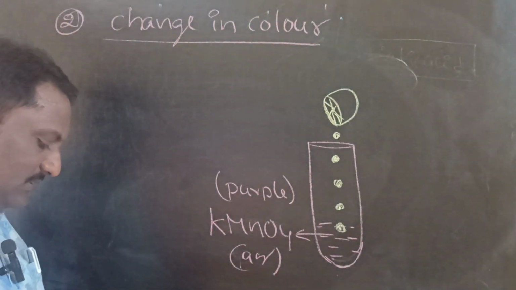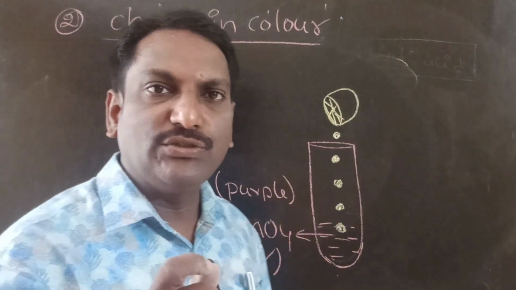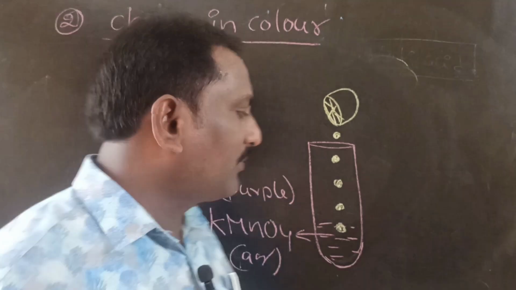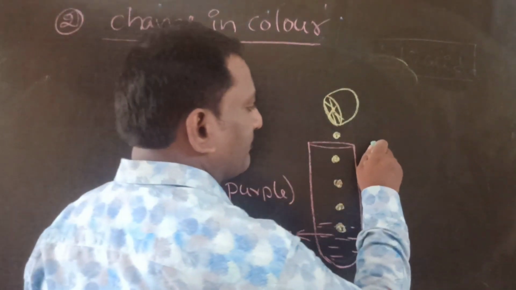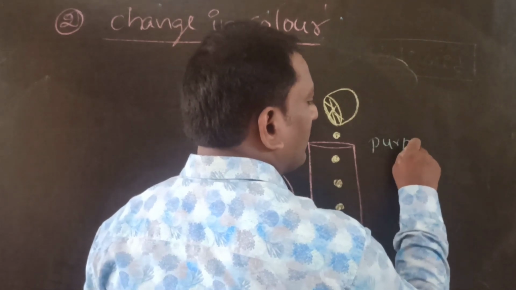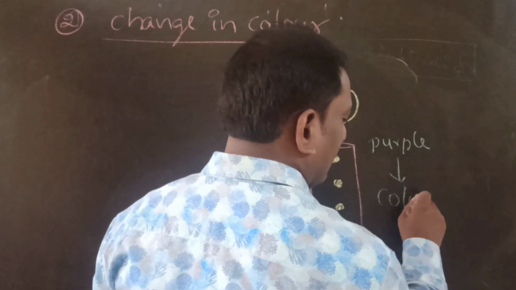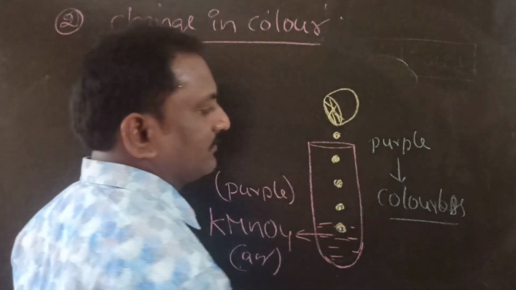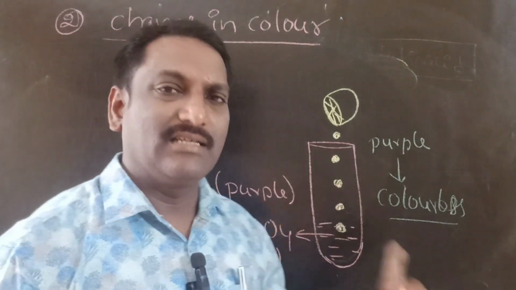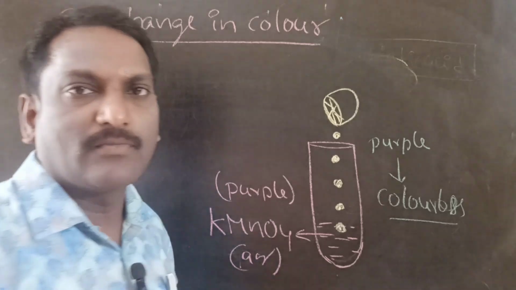So the observation is, when we add few drops of lemon juice to the purple colored potassium permanganate, it becomes colorless. This is the observation: purple color becomes colorless. So just a change in color. Here purple colored liquid turns into colorless.